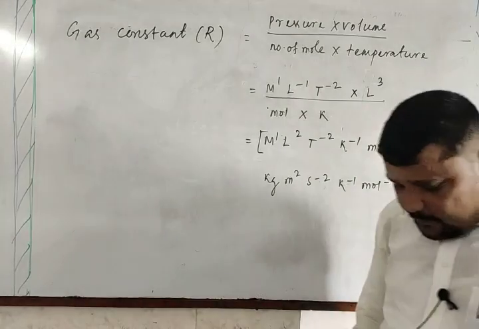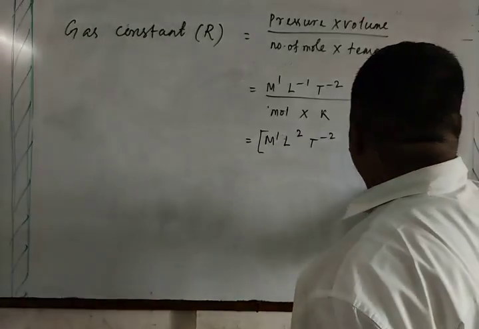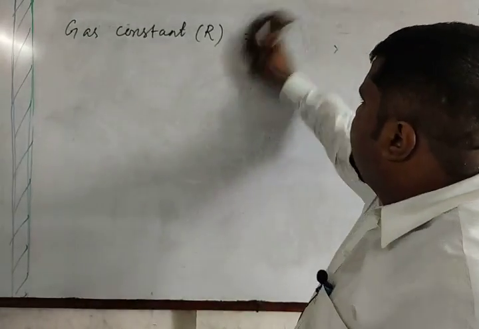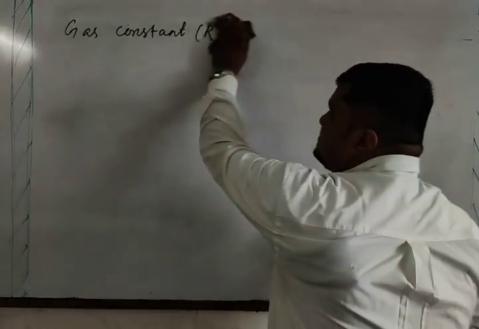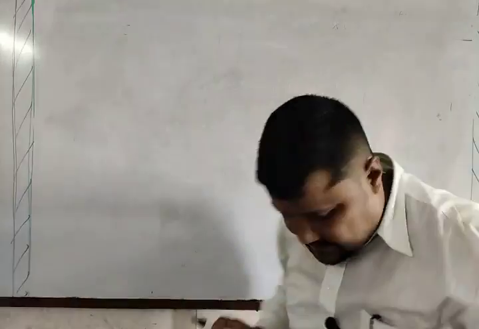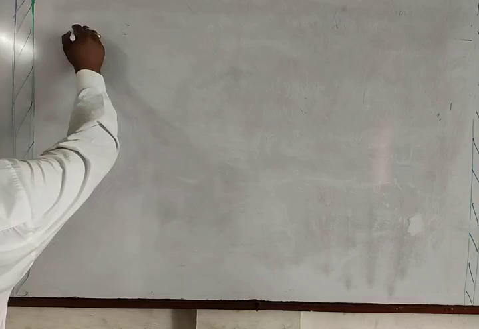Then the Boltzmann constant is another quantity that comes in here. This is named after the scientist Boltzmann, so it is called the Boltzmann constant.